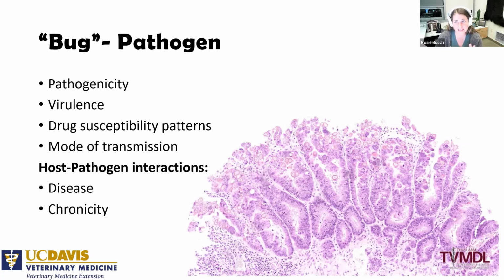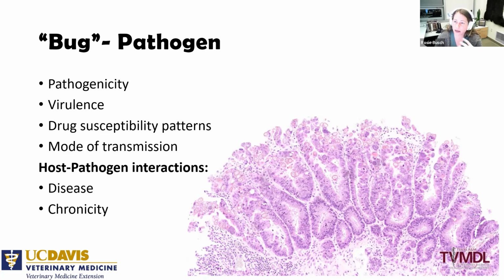And then the virulence: even within a bad bacteria or pathogen, there can be different levels of virulence. An example right now would be COVID, where we're seeing different variants of the same pathogenic virus. They have different levels of severity of disease. That would be the virulence.